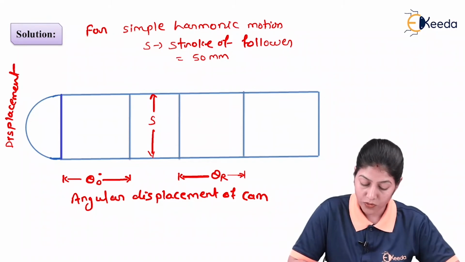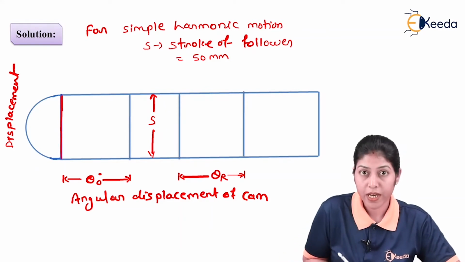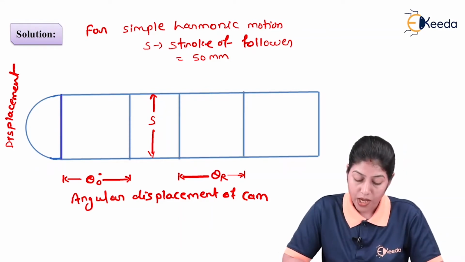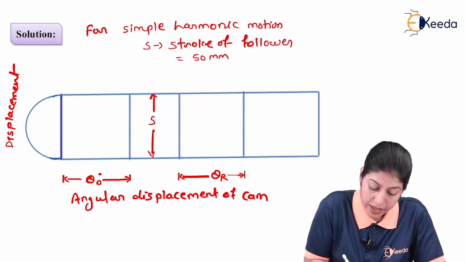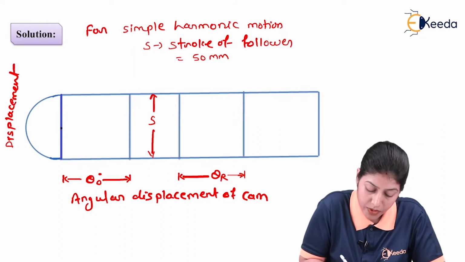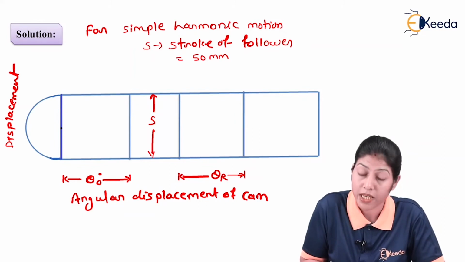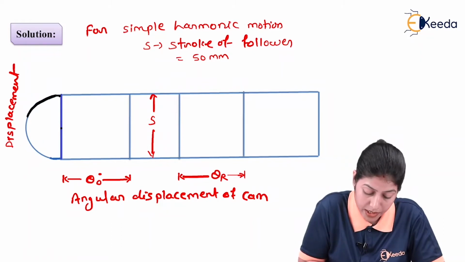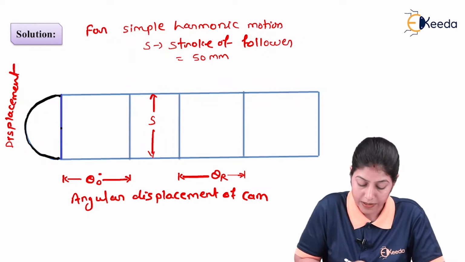So S equals 50 mm. We will draw this vertical line, which is equal to 50 mm. Now, as per the concept of simple harmonic motion, we will take the center of this vertical line and draw a semicircle with diameter equal to S.